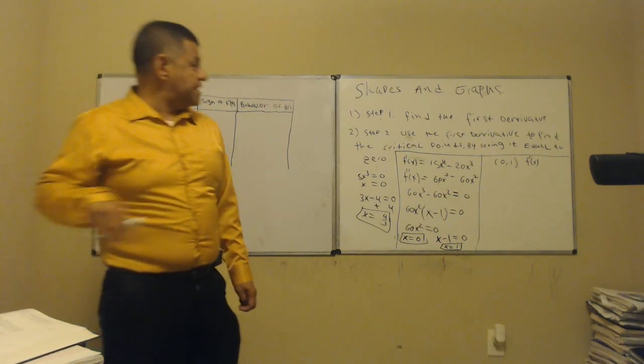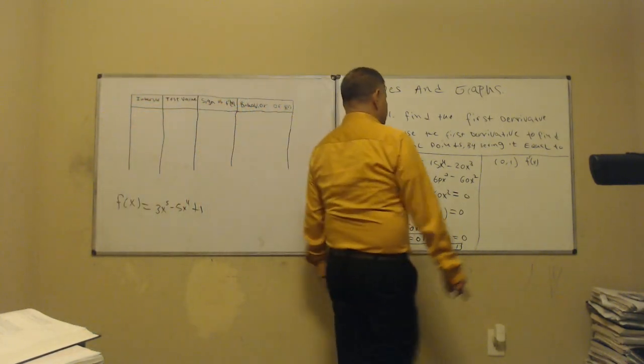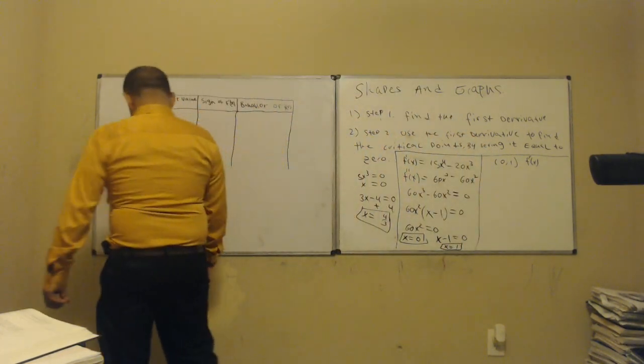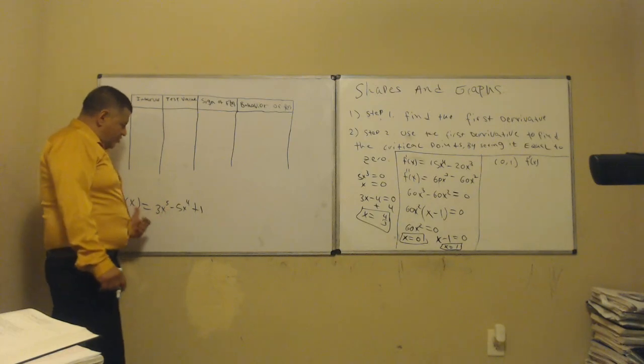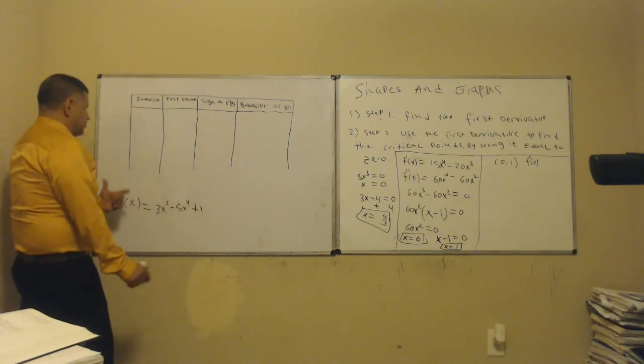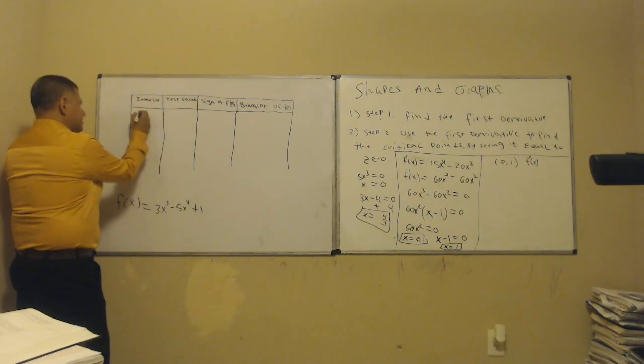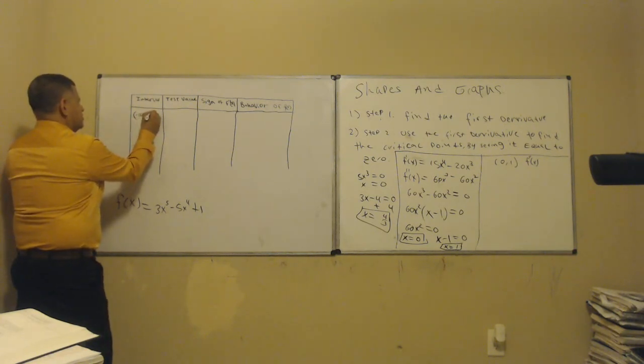The interval started at 0, so it starts from there. So we say it is continuous from negative infinity through 0 to infinity. It started from 0.